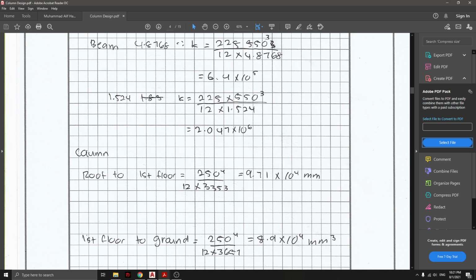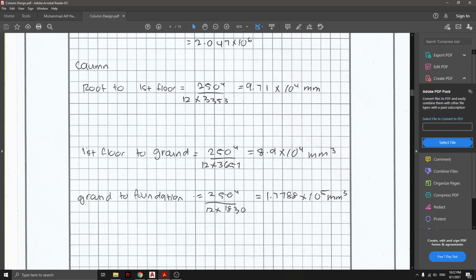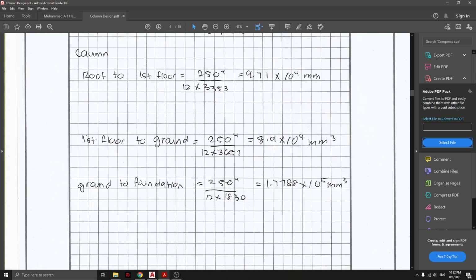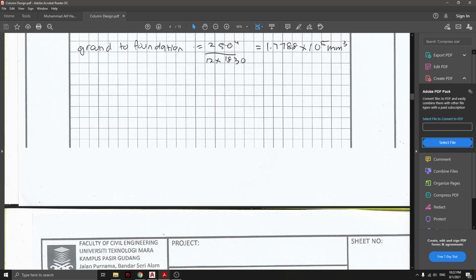The height of roof to first floor of column I got 9.71 times 10 power 4 mm. First floor to ground floor I got 8.9 times 10 power 4. Ground to foundation 1.7788 times 10 power 5 millimeter square cube.